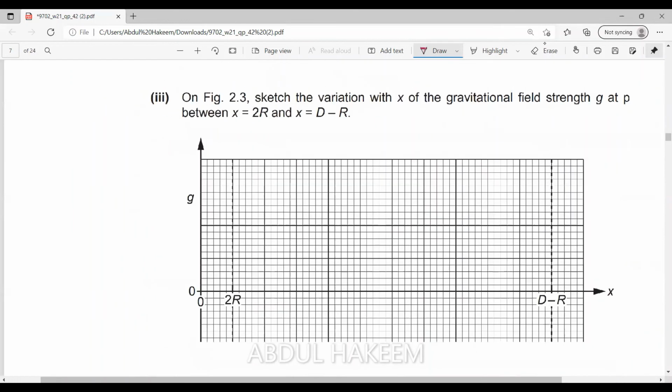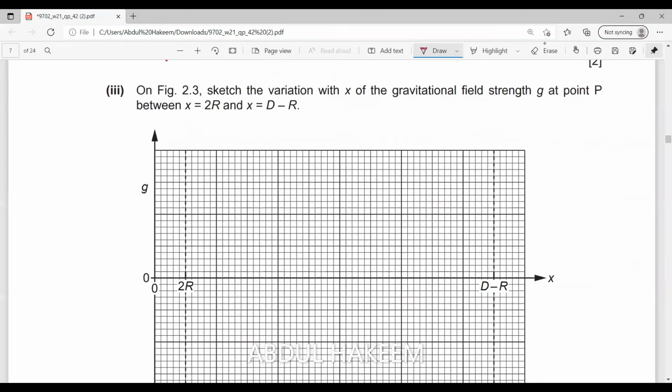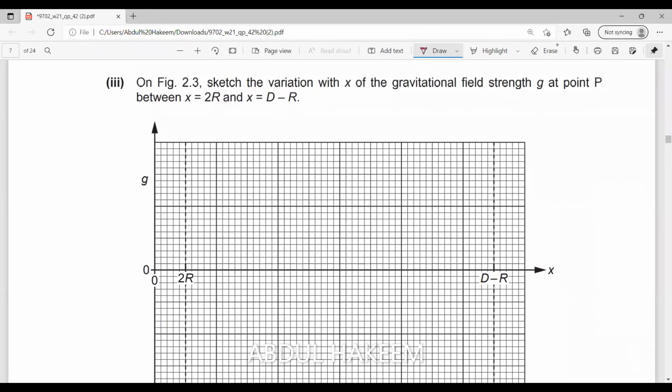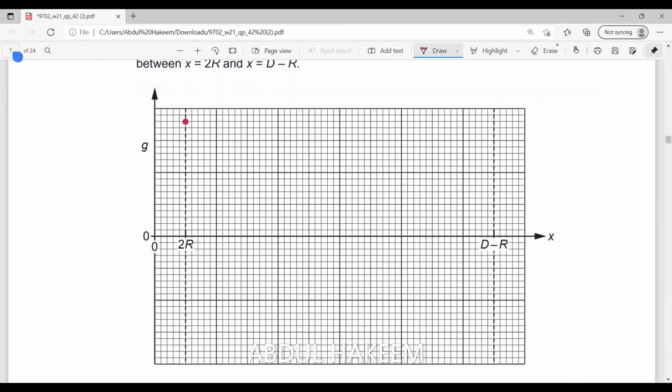Now the question is, on figure 2.3, sketch the variation with x of the gravitational field strength g at points between x equals 2r and x equals d minus r. Okay, so this is the g and d graph. We have to start it from the surface of the planet. The planet has the greater gravitational field strength than the moon. So suppose we start from this point. On one side this is positive, and on the other side this is negative.